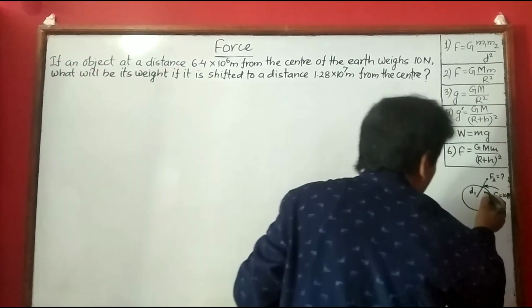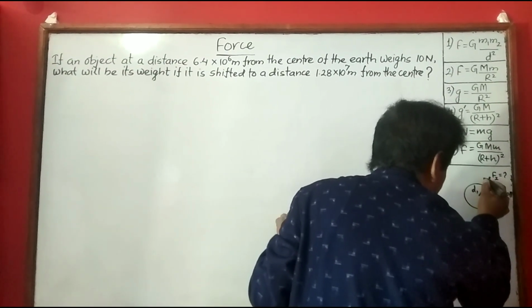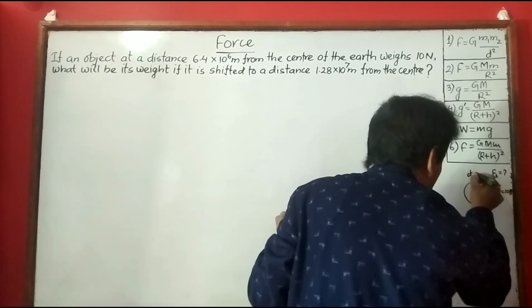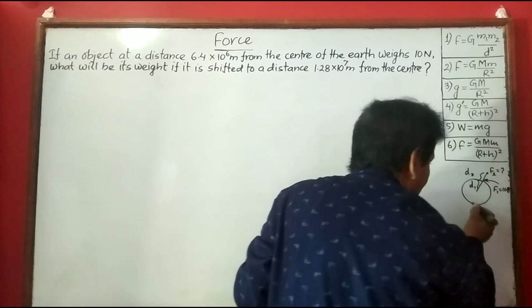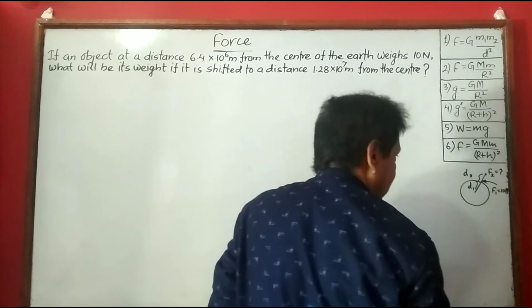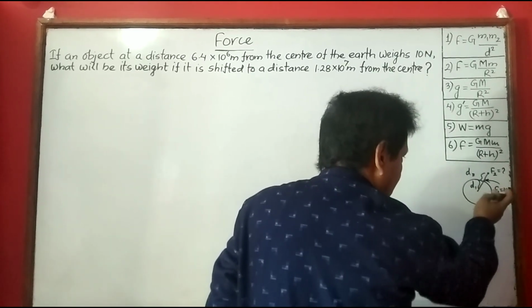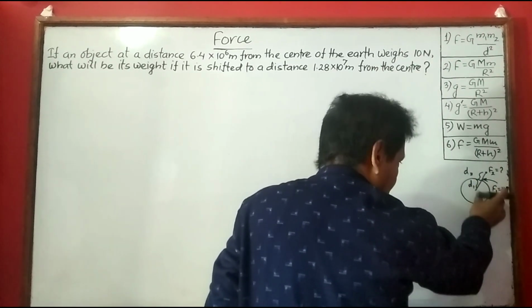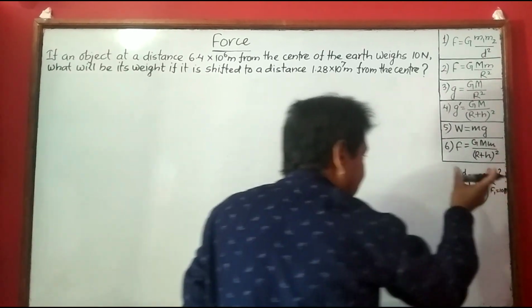This is the numerical. The whole distance is, let's say, d2, and d1 is the distance from the center to the point where it weighs 10 Newton. There are two cases: F1, d1 in one case, F2, d2 in another case.